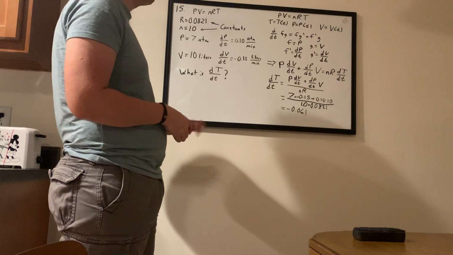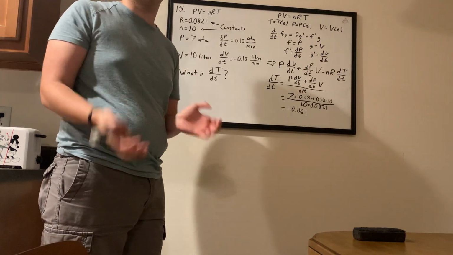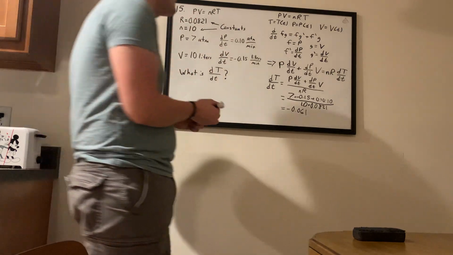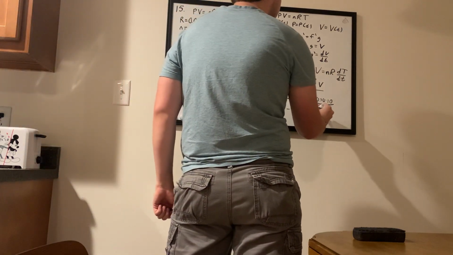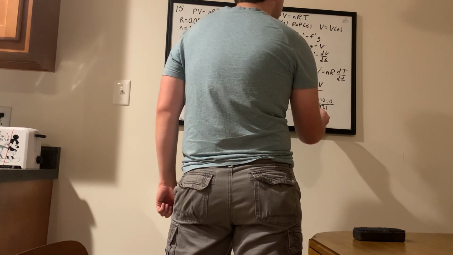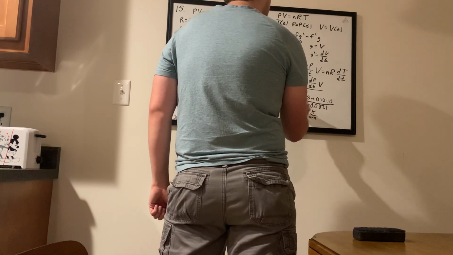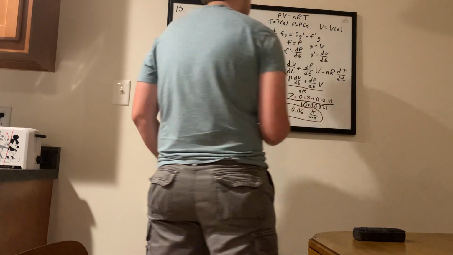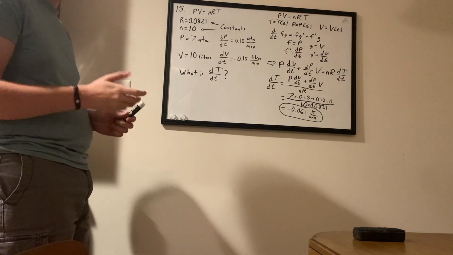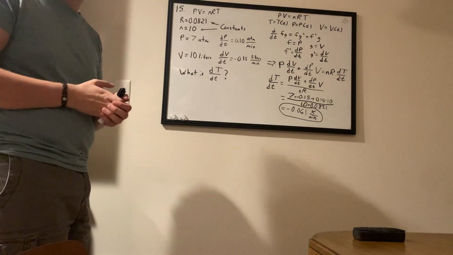The units here are probably going to reflect Celsius or Kelvin, which isn't a big deal, but just to make sure we're keeping with everything, this would be negative 0.061 Kelvin per minute. So not a huge drop per minute, but it's significant in some way. So that's the answer.